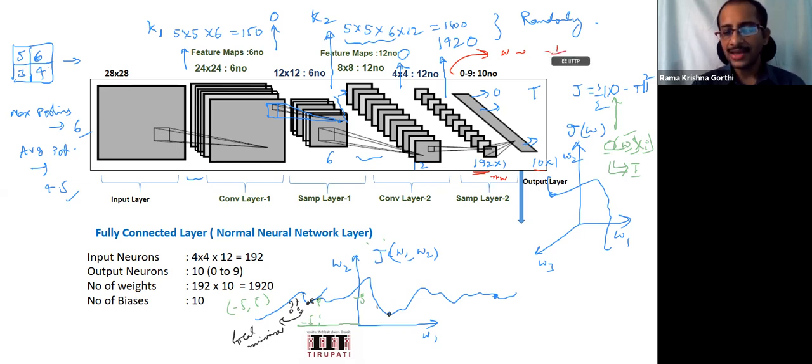If you remember correctly, it was minus 1 by root NH to 1 by root NH. Based on this, we initialized with uniform random variables, or Gaussian random variables. In fact, uniform random variables is what we discussed: minus 1 by root NH to 1 by root NH. This is how we discussed that we initialize.